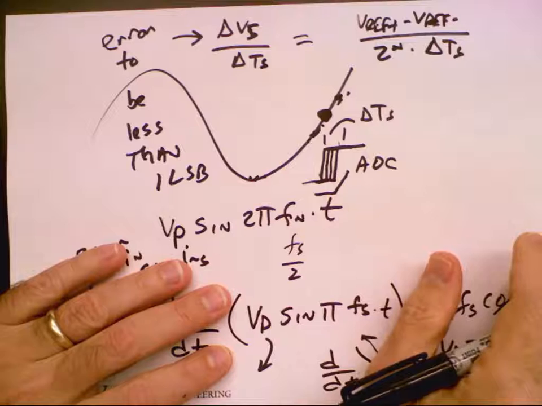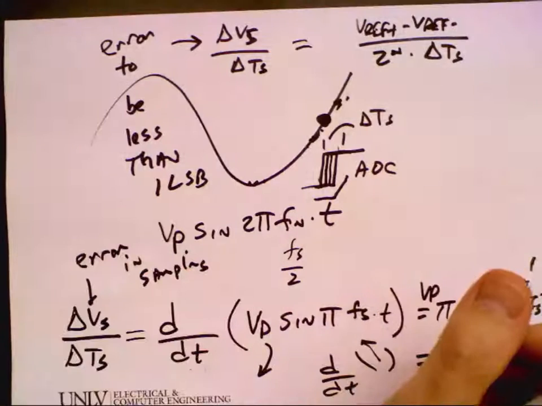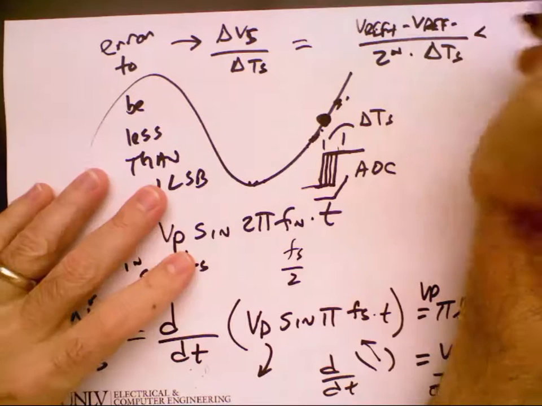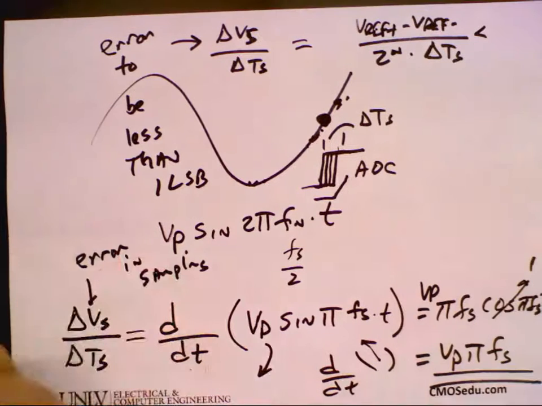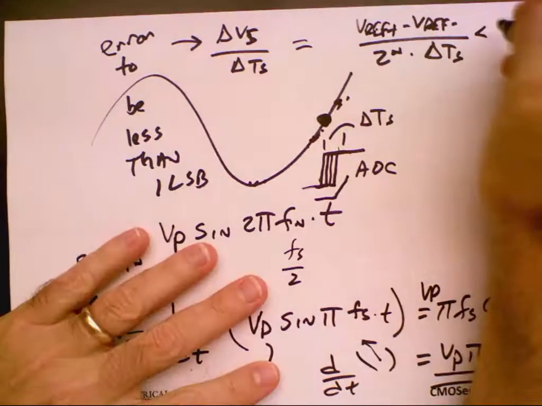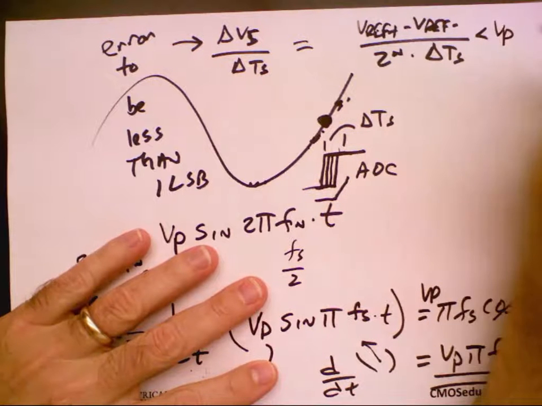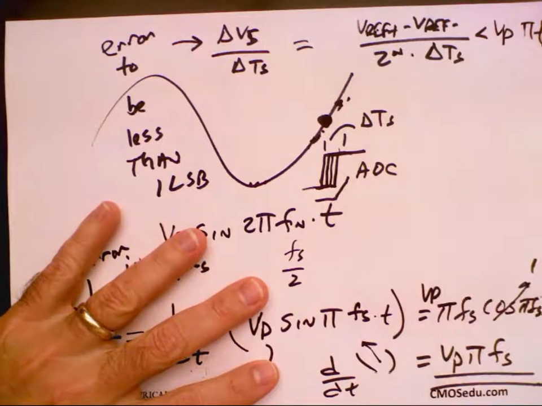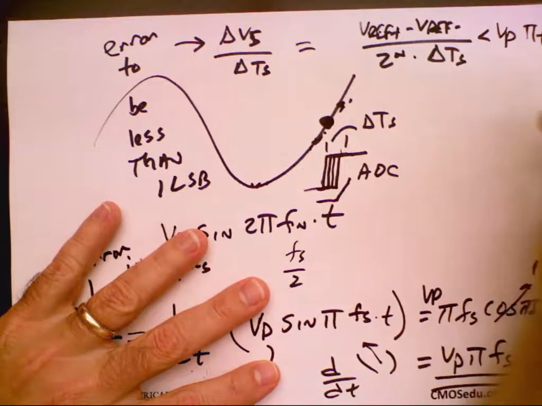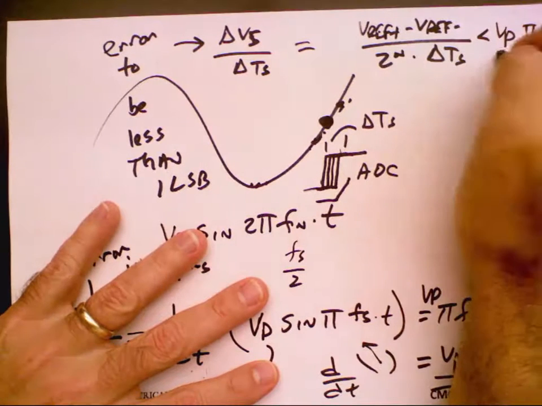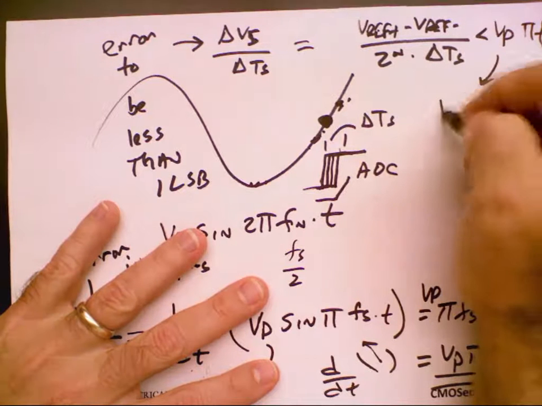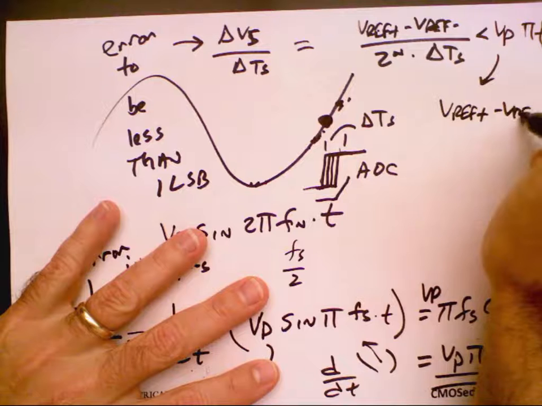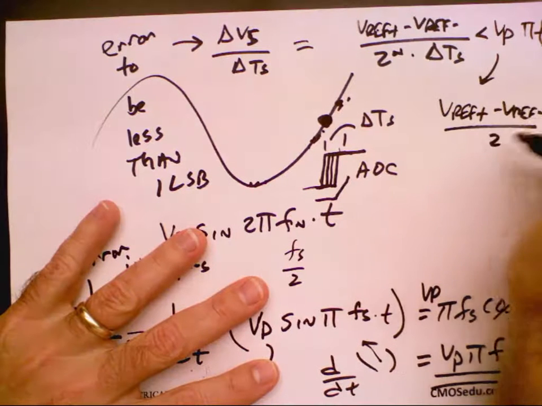I want that error to be less than the Vp times pi Fs. But what's Vp for the worst case? Yeah, it's Vref plus minus Vref minus, all over 2.